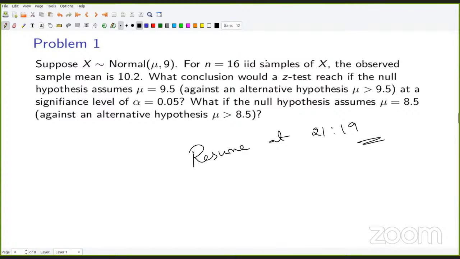In case of this problem, can we fix the p-value, sir? We can compute the p-value also, but actually alpha is given to us. Now what conclusion would a z-test reach? A z-test is what we do when you know the significance level alpha and you compute critical values. That is what is in the 10.5 lecture.